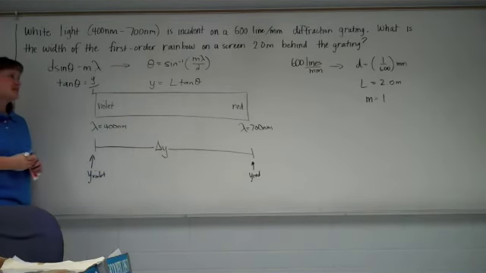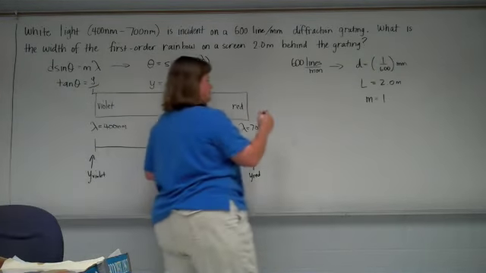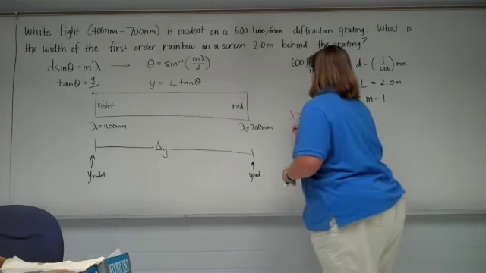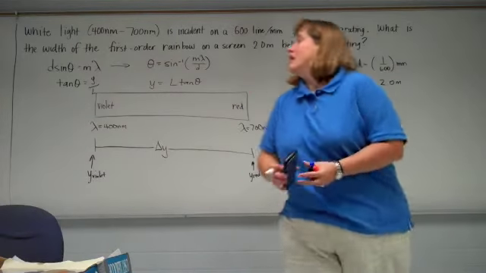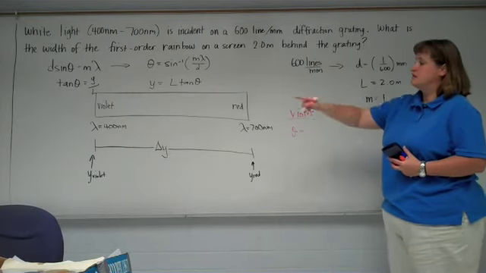So it'll take us a couple steps. We need to find theta for the violet end, and then y for the violet end, and then likewise for the red end. So we have for violet, theta will be, m is 1, wavelength.